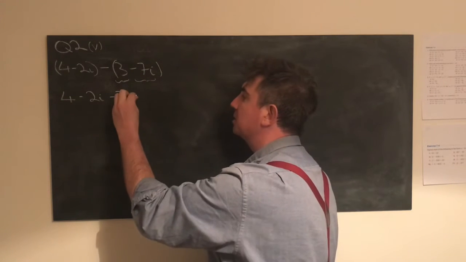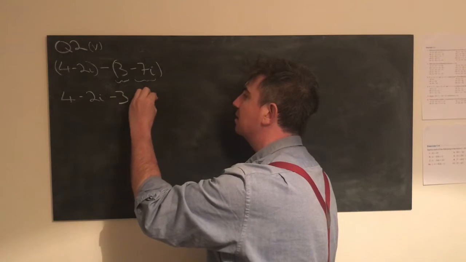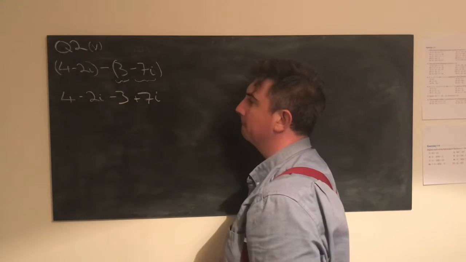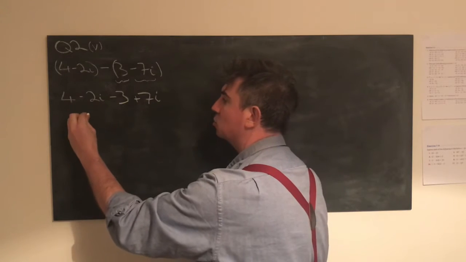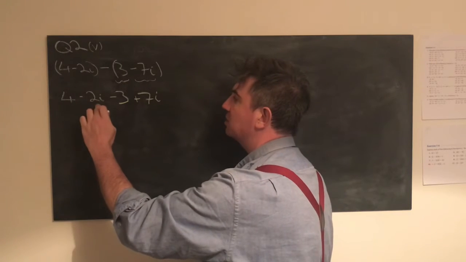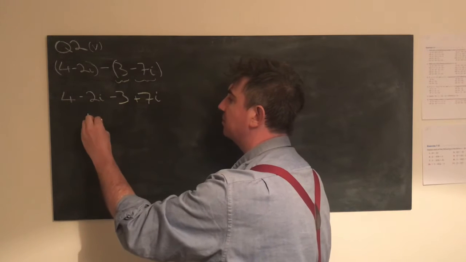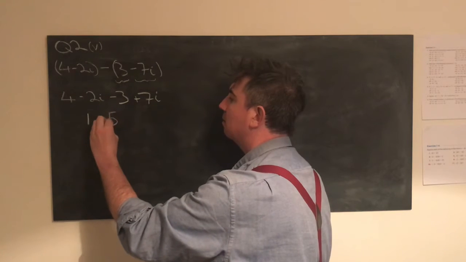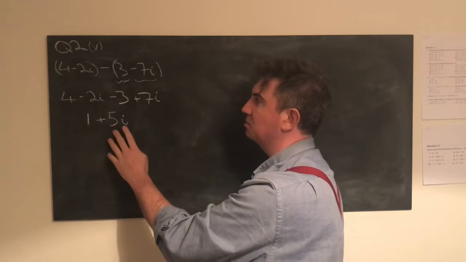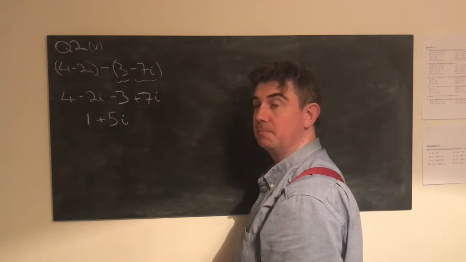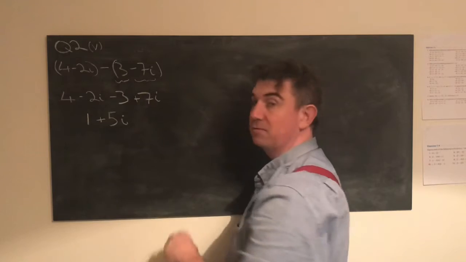So it's going to be a plus 7i. So I have 4 take away 3, it's just 1. And I have minus 2i plus 7i is plus 5i. So that's my real part, my imaginary part, that's my complex number. So that's question 2, part 5.